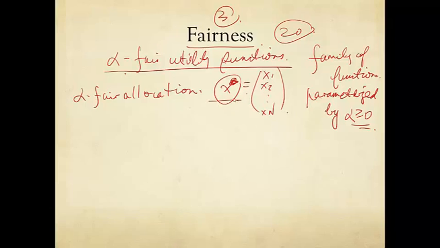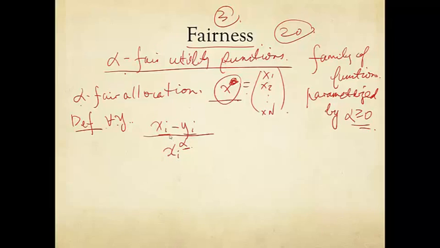I say that this is an alpha fair allocation vector if, here's the definition, for any other feasible vector y, if I look at the difference for each user between getting something from the x vector versus from the y allocation, and then I normalize it by xi to the power alpha, that's where the alpha comes in.